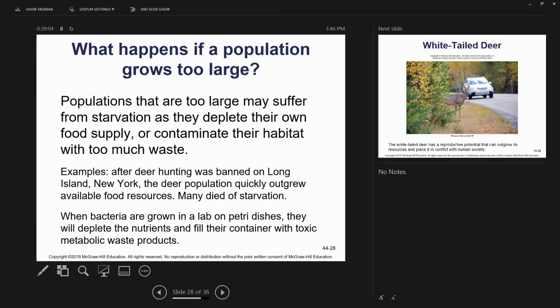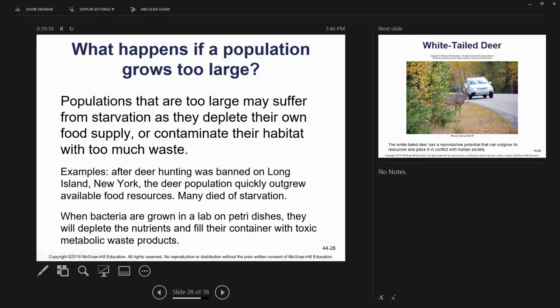I don't have one of the factors that is slowing my growth, and so I can shoot my population too high so there aren't enough resources to sustain it. So populations that are too large, usually what we see is they suffer from starvation or disease because disease is spreading rapidly as their population density increases, or they can contaminate their own habitat with too much waste because not only do we have to eat resources, we metabolically process those and get rid of the toxic portion.